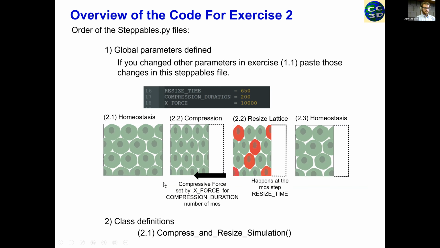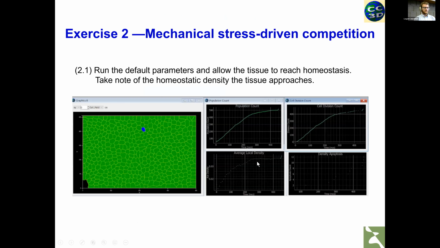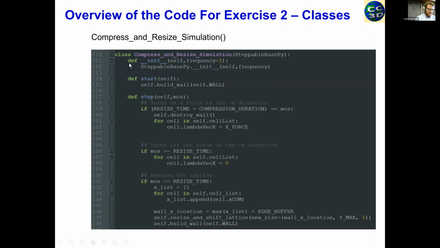So we define a new class, compress and resize simulation, for this. Here's a quick snapshot of what it'll look like once the cell colony initially reaches homeostasis. In this class, at the very start of the simulation, it builds a wall around the perimeter, and then compression duration number of Monte Carlo steps before the resize time, this wall is destroyed, and a potential is turned on in the x direction with this cell.lambdaVecX.